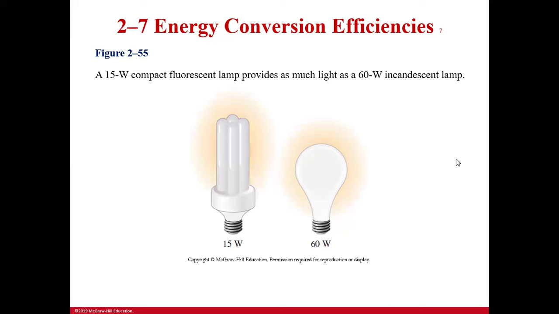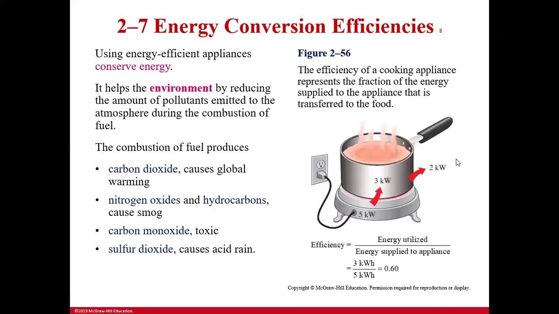So you can see a compact fluorescent lamp supplies the same light as a 60-watt bulb at a lower wattage, a lower amount of energy consumed.